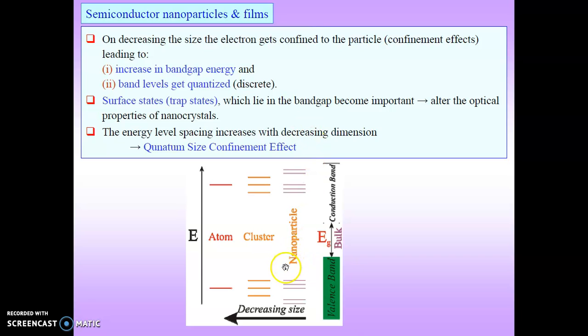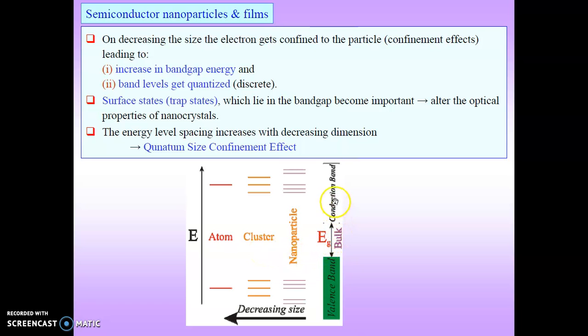Here you can see a nanoparticle having a larger band gap energy as compared to a cluster as well as the atom. When you are decreasing the size, the energy will be increasing. So the atom has a larger energy gap as compared to the cluster and nanoparticle.